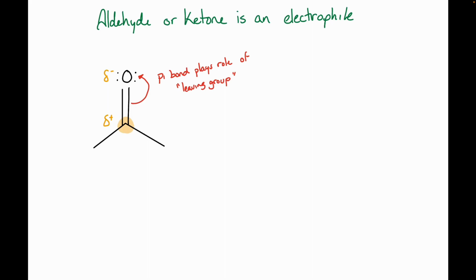So these are two important features, one being relatively electron deficient, as well as having this good leaving group so you're not breaking your octet rule.